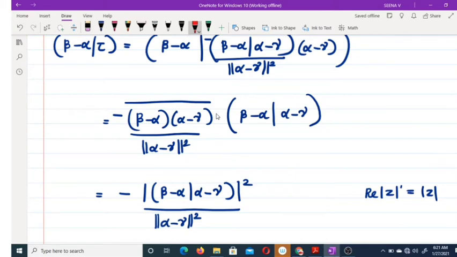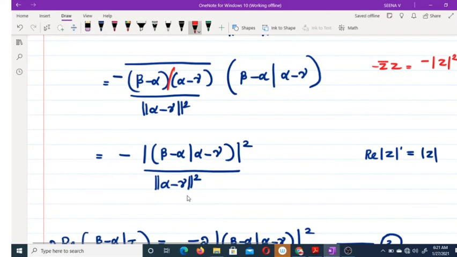Here there is also an inner product. So this is of the form minus z conjugate z, which is mod z square, so minus the modulus of the inner product of beta minus alpha and alpha minus gamma whole square, divided by norm of alpha minus gamma whole square.